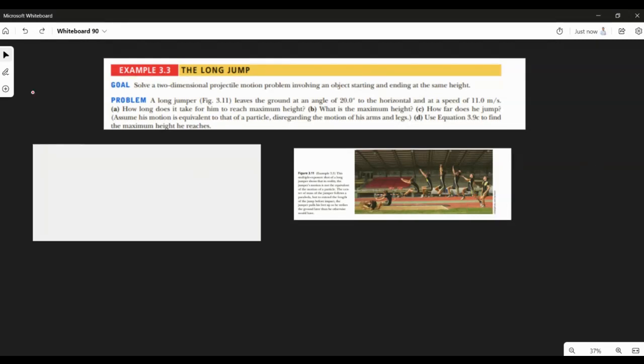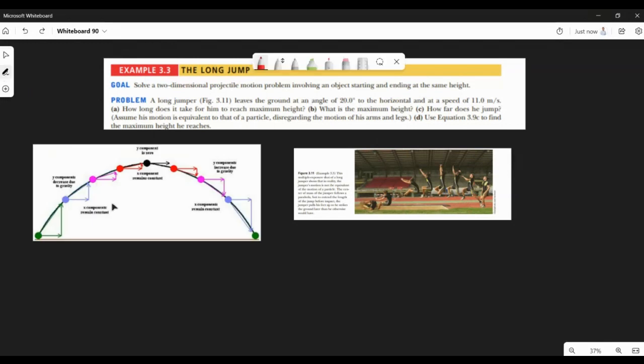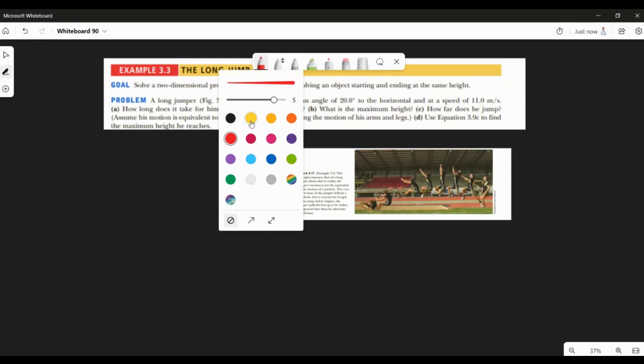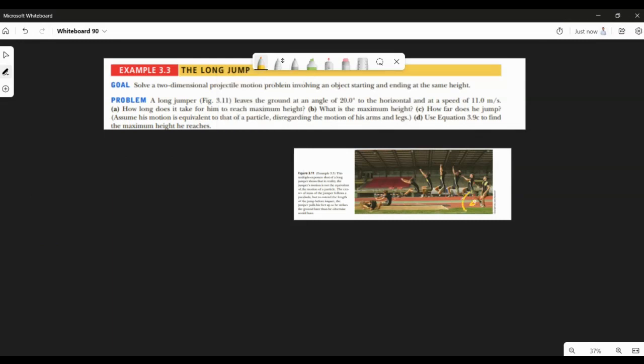I should choose a better color. Let's make it yellow. So it's 20 degrees, to the horizontal. Hope you get that idea there.